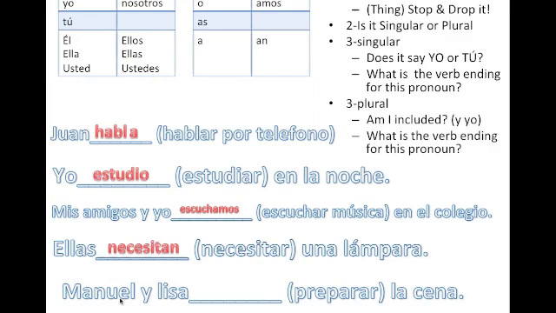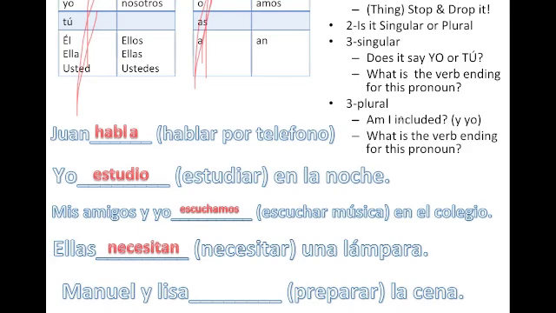All right, let's look at Manuel and Lisa. What's my subject? Or who is doing the action? Manuel and Lisa are doing the action. Do you notice how the subject always comes right before the verb? So whenever you want to look for the subject, you can look right before the verb. Is my subject singular or plural? It's obviously plural because I have two people, Manuel and Lisa. So I already know that I'm on the plural side of the chart. So this and this are not for me. Now let's look at my verb, preparar.